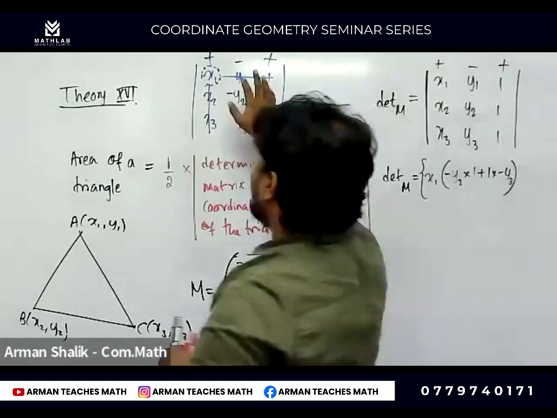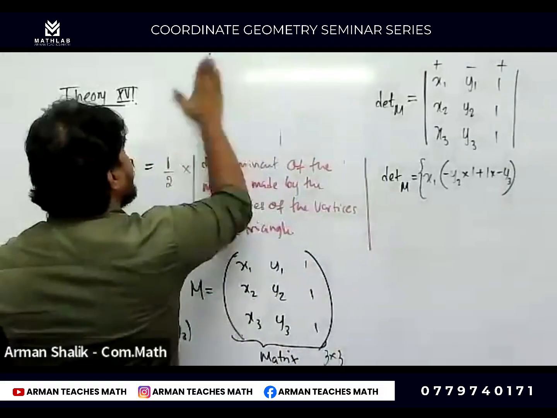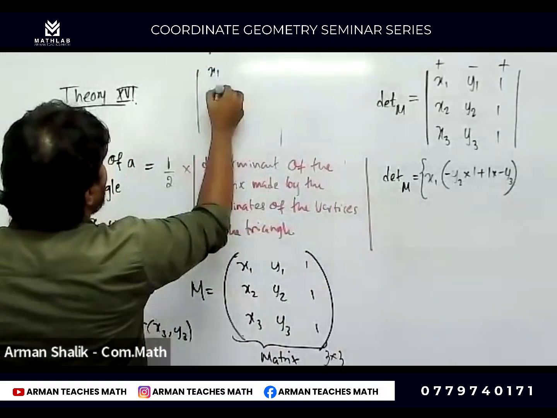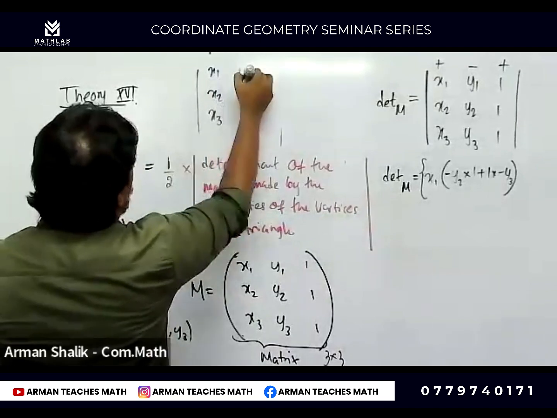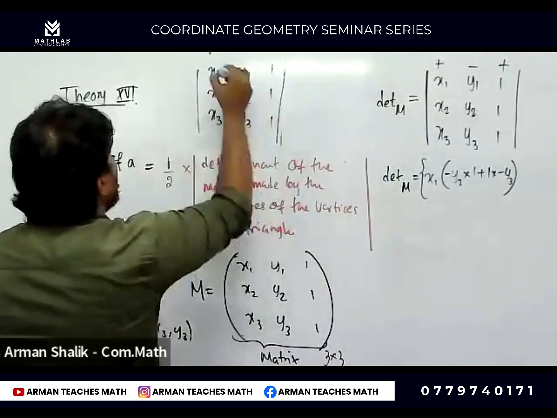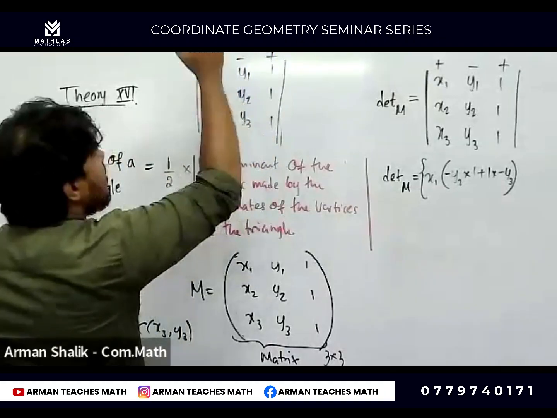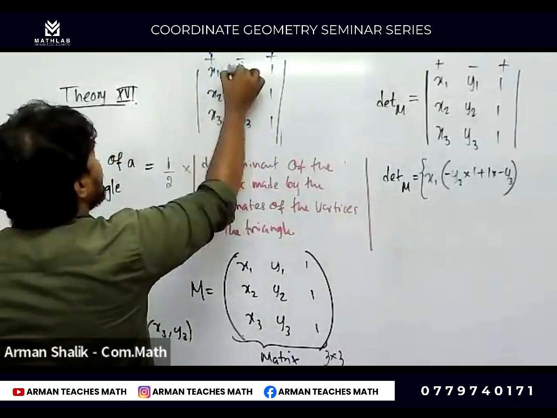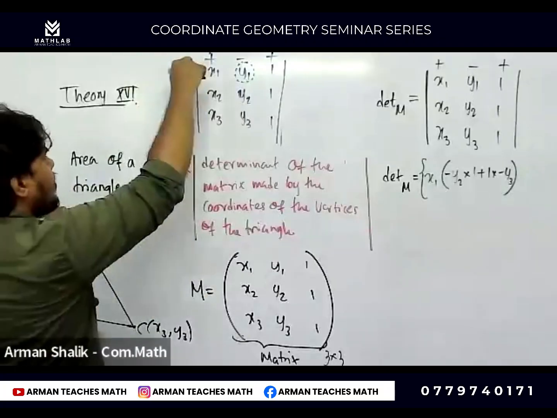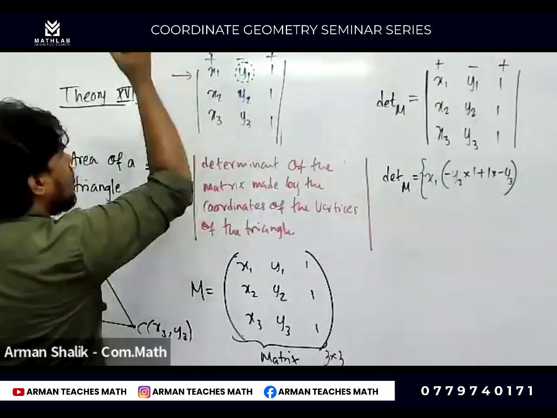Now, x1, x2, x3, this is rough work. y1, y2, y3, 1, 1, 1, plus, minus, plus. I'm selecting the second row. Always remember, select from the first row only.